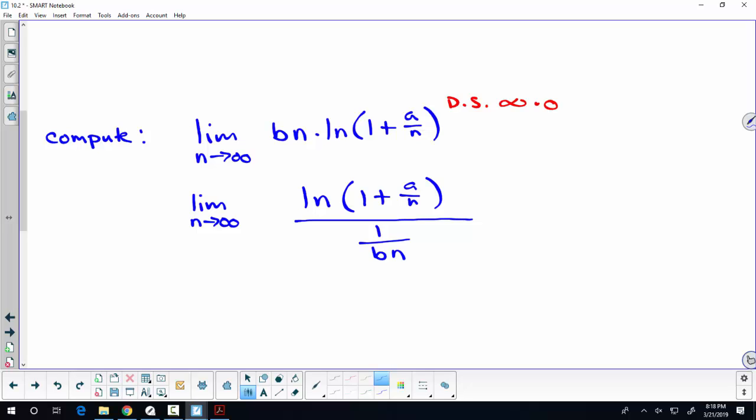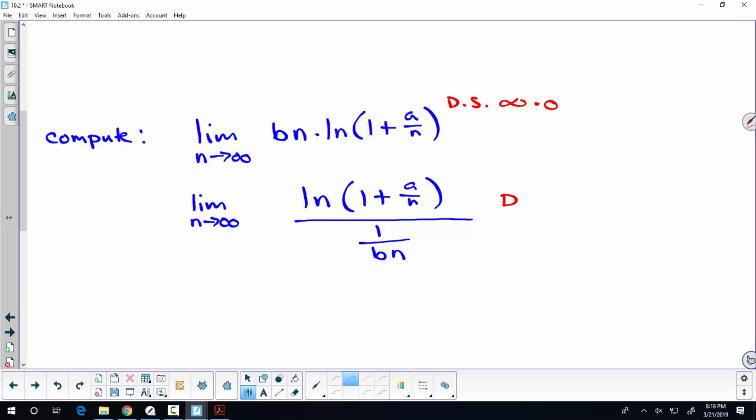Wait, so this is when you're doing L'Hopital's rule? Yeah, when it's 1 to the infinity, 0 to the 0, or infinity to the 0, that's the procedure we have to go through. It has to be a quotient in the form 0 over 0 or infinity over infinity before we apply L'Hopital. So this is just algebraically rewritten.